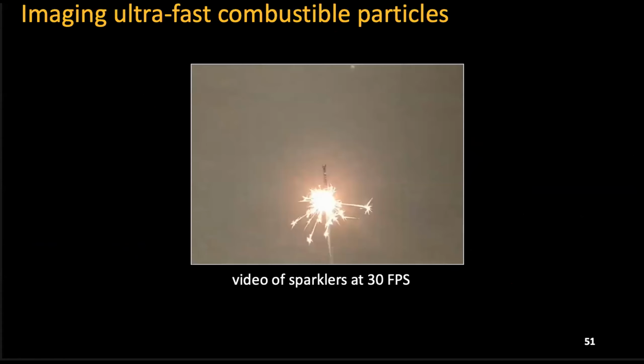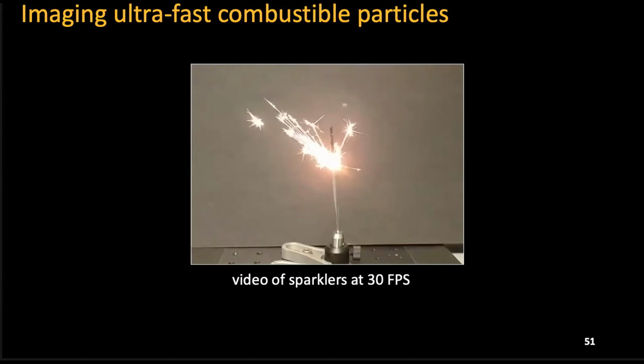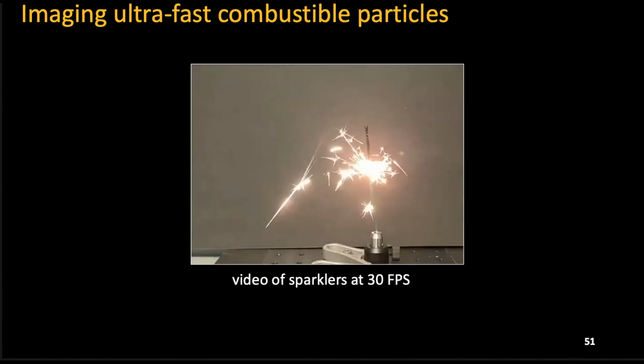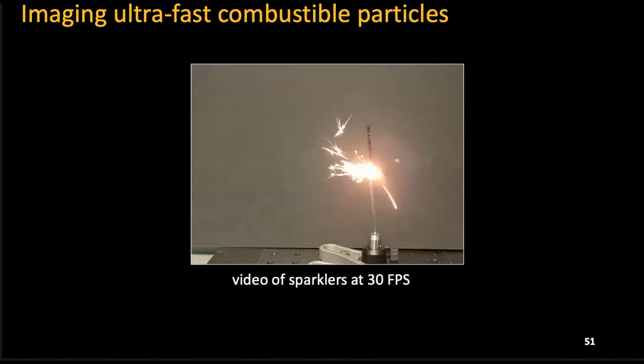The final example I want to show is this sparkler. This is pretty hard. In fact, I've seen some high-speed videos of sparklers even at 20,000 hertz. It is very hard to capture them. This is just a 30 frames per second video of the sparkler, and if I want to see the individual sparkles, that would not be possible with this system.